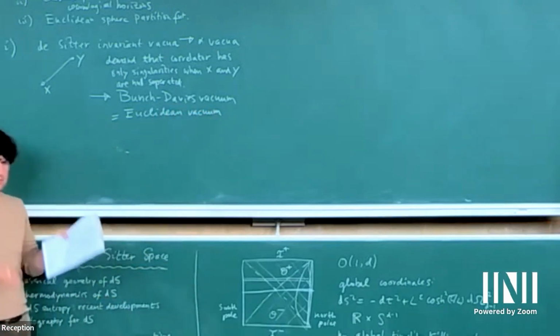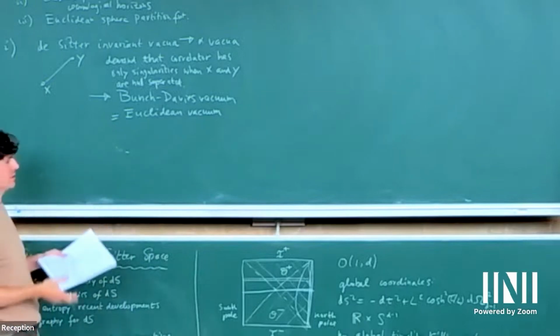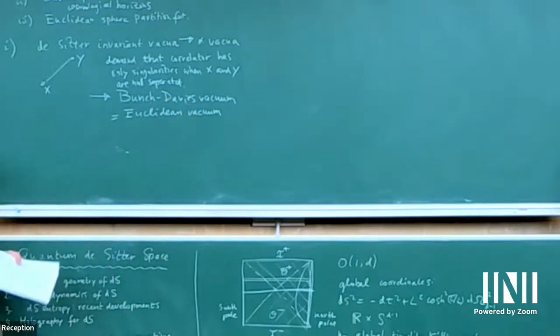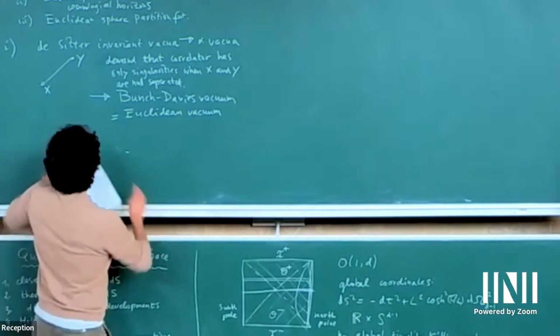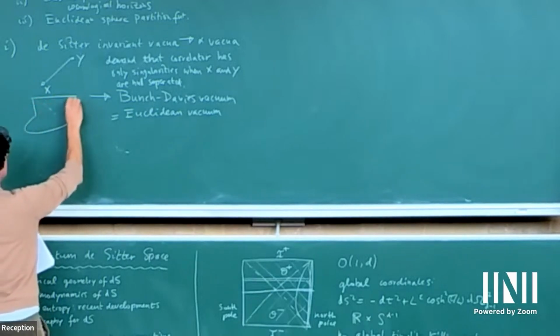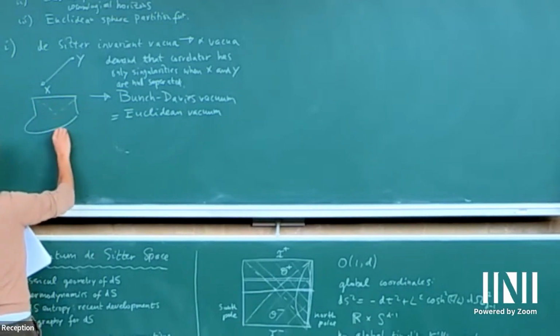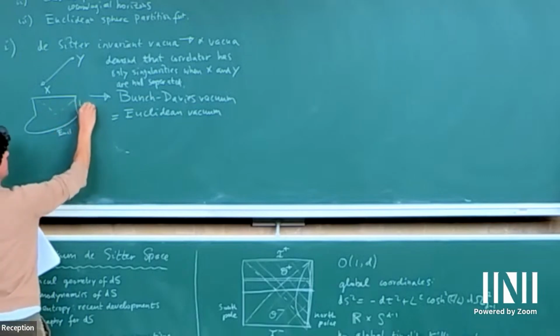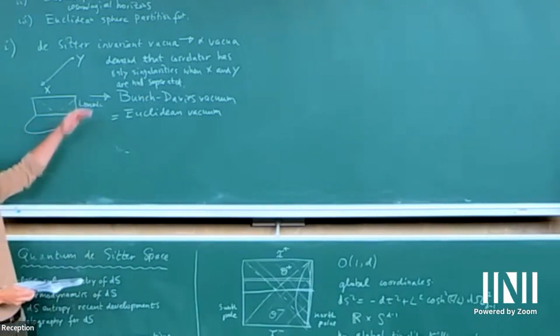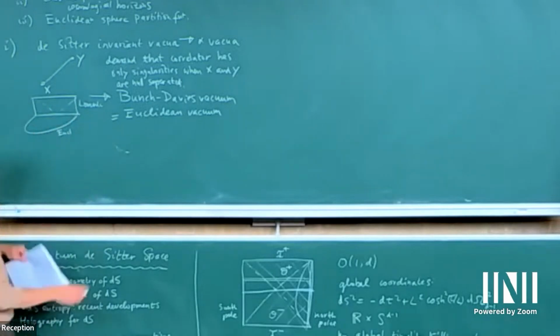So you can prepare the states in Euclidean signature with the path integral, and if you do that, then you prepare precisely the Bunch-Davies state. If you prepare a state at t=0 in this way, you prepare this Bunch-Davies vacuum state.